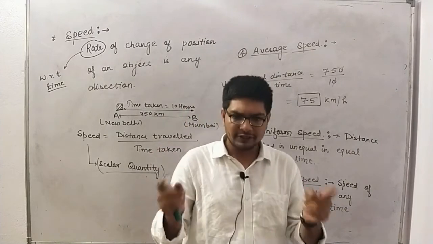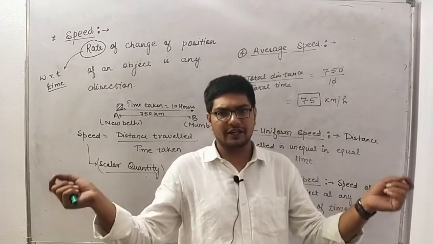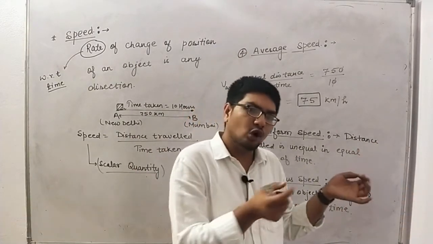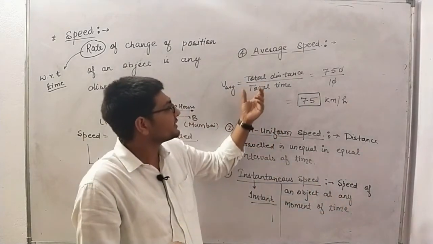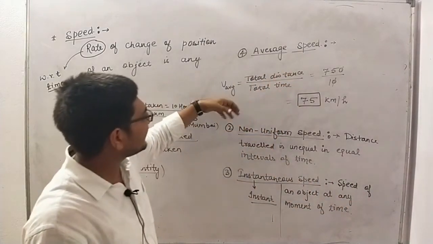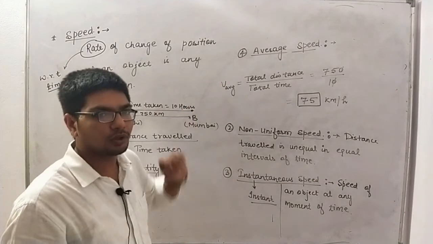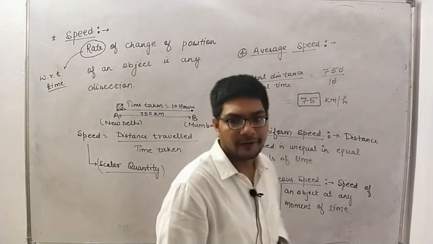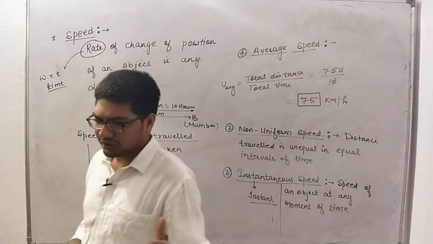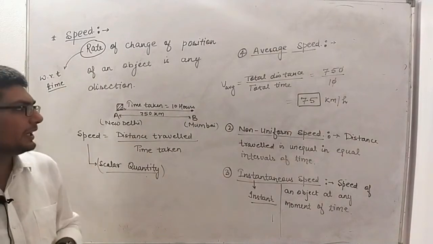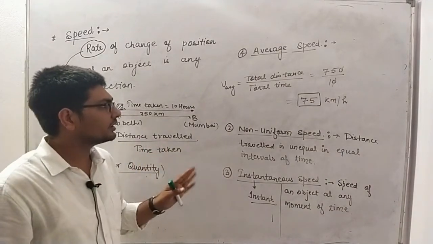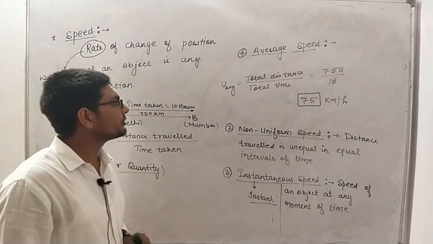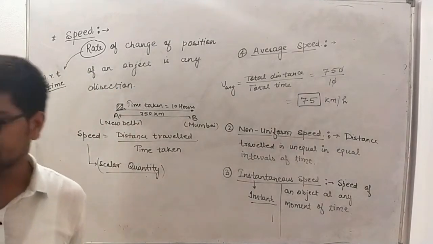The average of all those instantaneous speeds is known as average speed, and it is calculated as total distance upon total time. Now there are certain cases of average speed which we will study here. So let us see them.